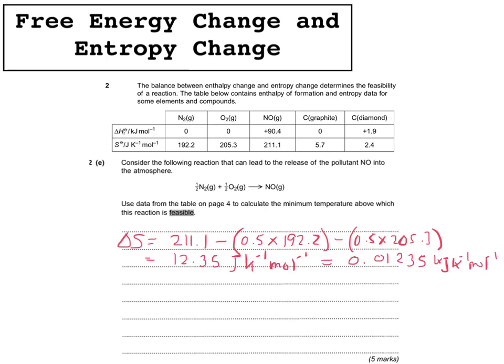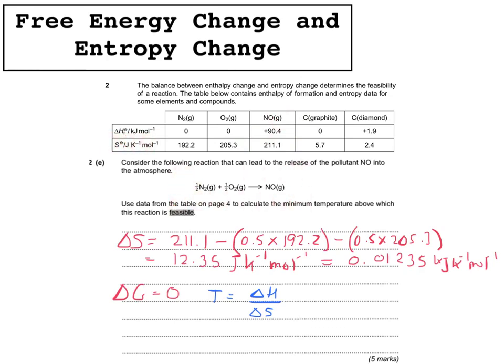Now, for this reaction to become feasible, delta G must equal 0, and therefore T will equal delta H over delta S, which I showed you in the previous slide. So delta H is going to be just simply 90.4, because that is the formation of the NO, which is what this reaction shows.